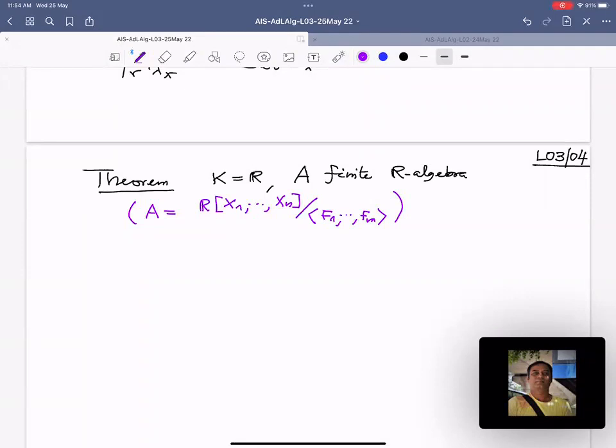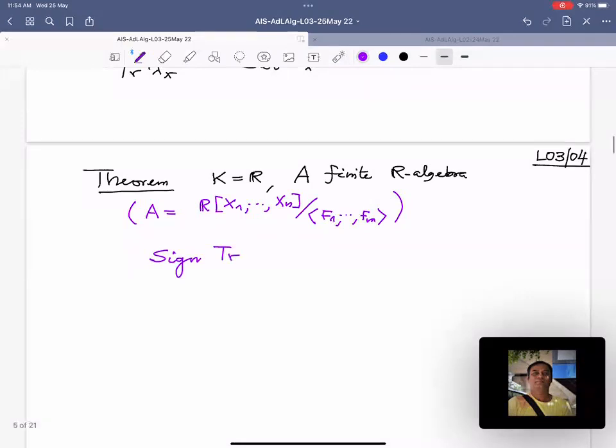So the theorem I want to prove is: the signature of the trace form.